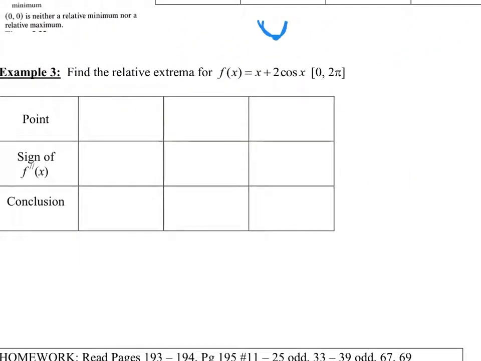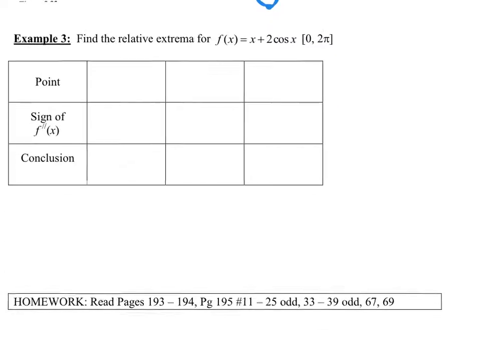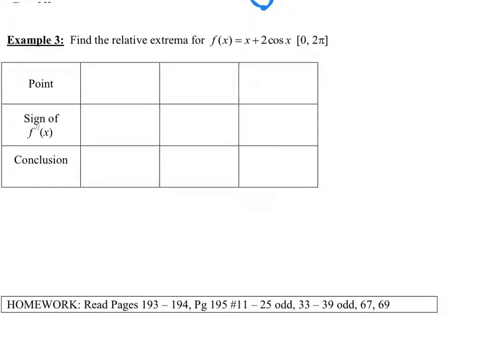Alright? Now, here's one. It's a little more complicated of a function. Let's go through the same process. F prime of x is going to be 1 plus 2 times negative sine of x.